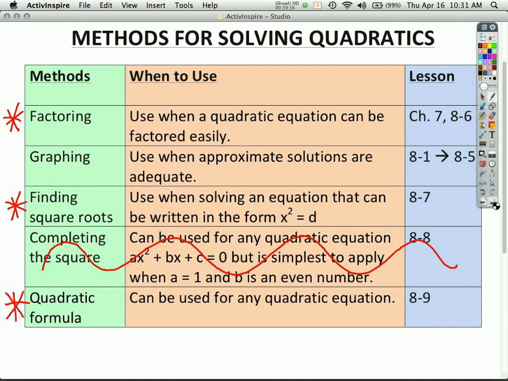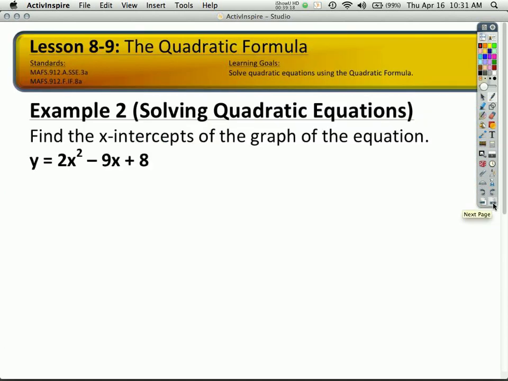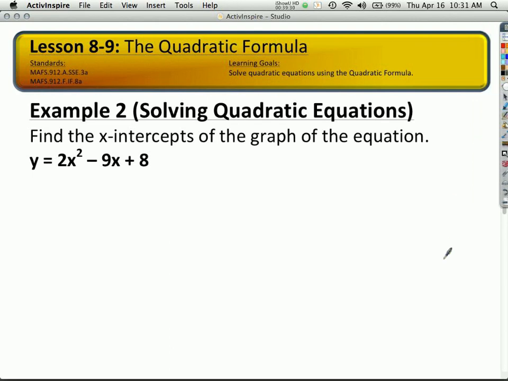All right, so let's continue working. Find the x-intercepts. So you hear the phrase x-intercepts, what other words should you be thinking?